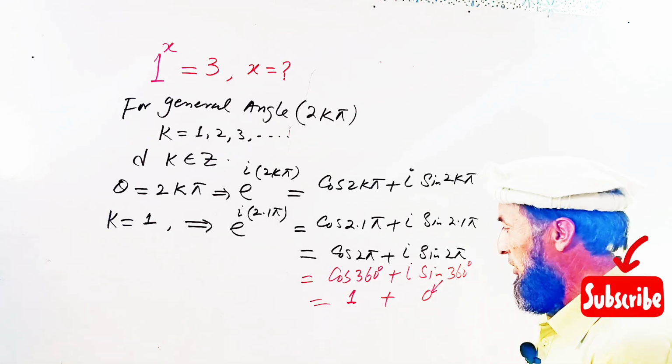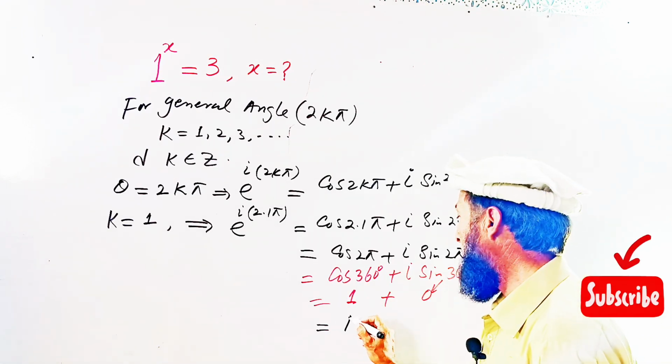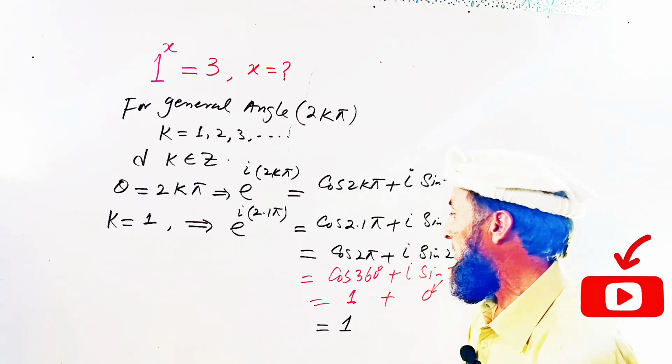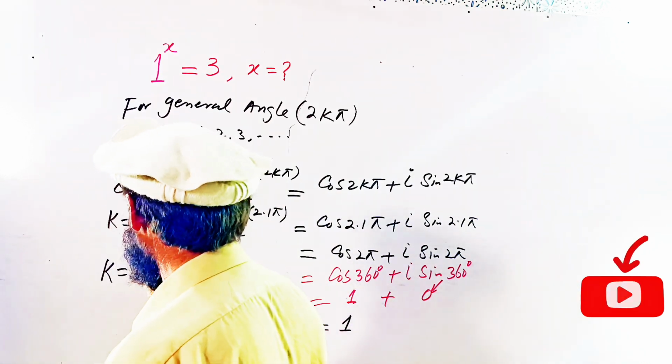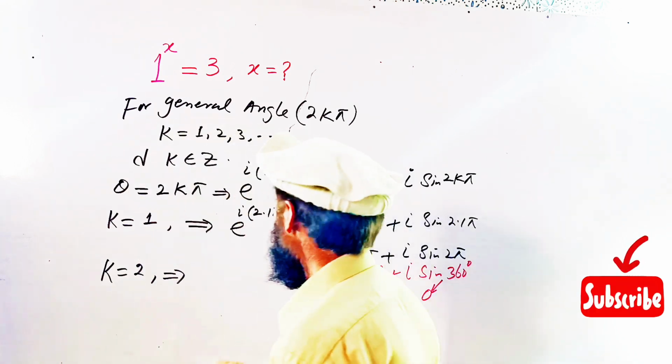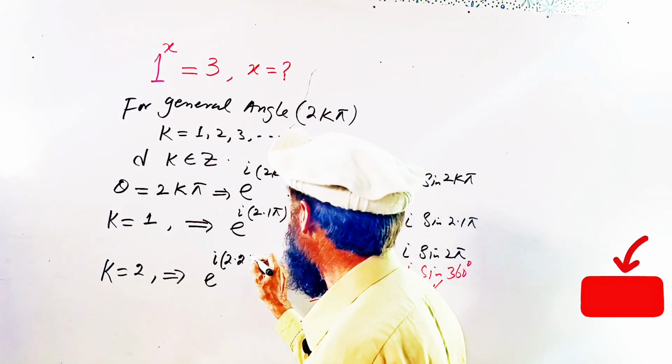So this will be 0 and we get the answer here, x is cos 360 0 is equal to 1. If we take k equal to 2, that will be the same answer we get here, e^(i 2 into 2 pi).